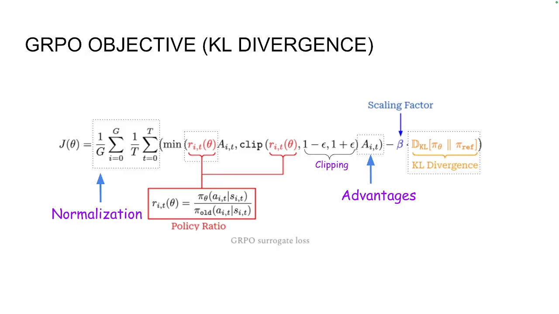When you add this KL divergence, the loss is incentivized to stay as close as possible to your reference policy while doing your updates. So KL divergence is basically an incentive to stay close to your reference policy.